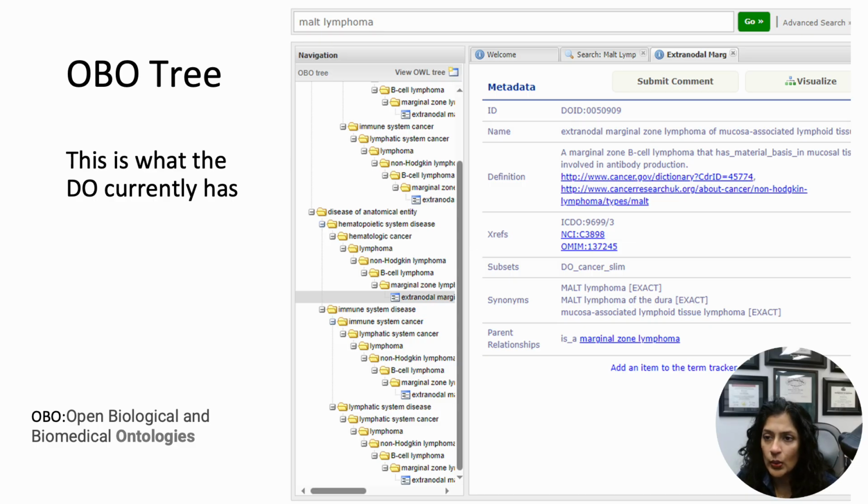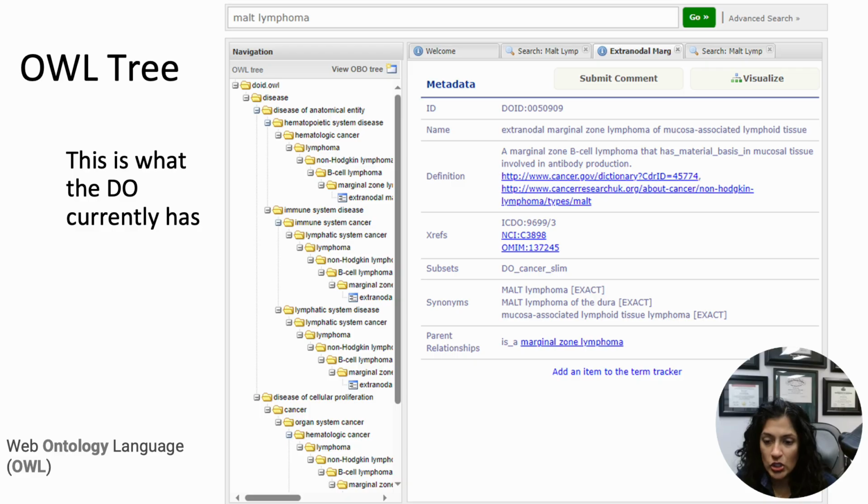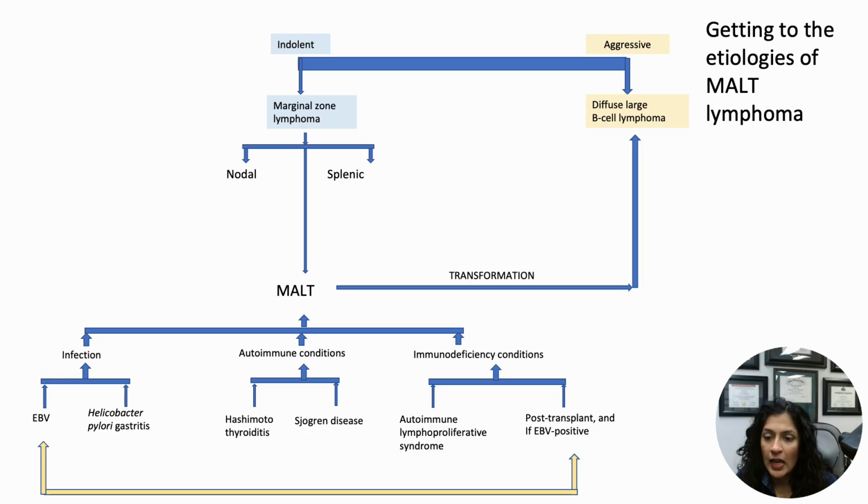Currently, there is a very simple classification for MALT lymphoma in the DO. It's essentially classified under marginal zone lymphoma, which is under B-cell lymphoma. As we get better at identifying the different etiologies of most lymphomas, we want to improve the classifications.